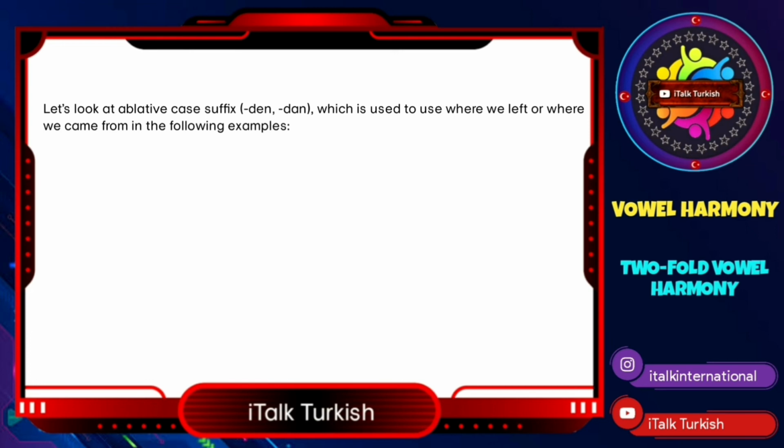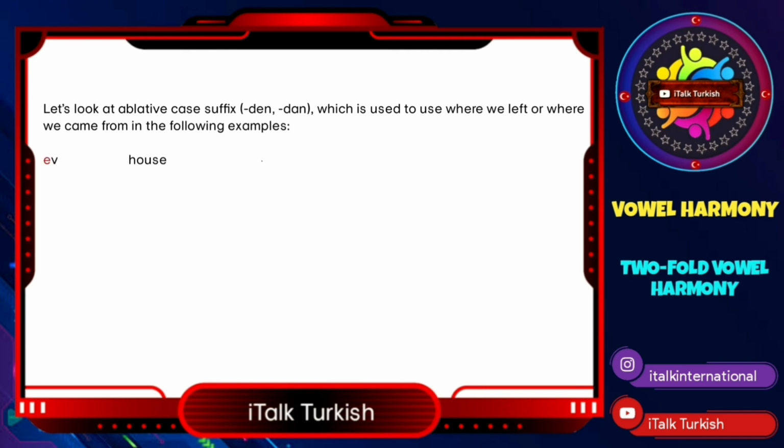I will talk to you about the ablative case in detail in the next chapters. Please just focus on vowel harmony on the ablative case. The rule is the same as the plural suffix ler, lar. There are also two options in the ablative case, either a or e.